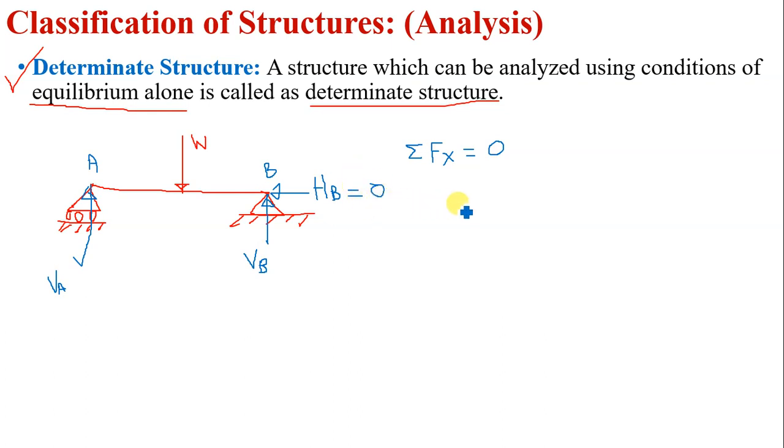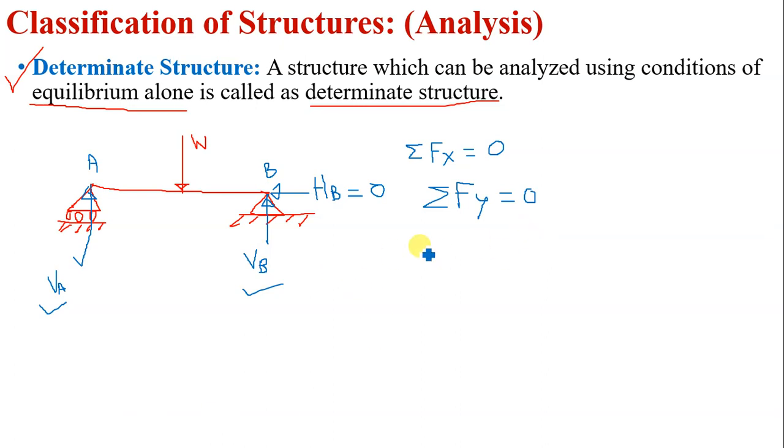If you apply summation Fy is equal to 0, you can develop one equation in terms of VA and VB. That equation will be VA plus VB is equal to W. Now only two unknowns are remaining, so two equations are enough to solve the problem.